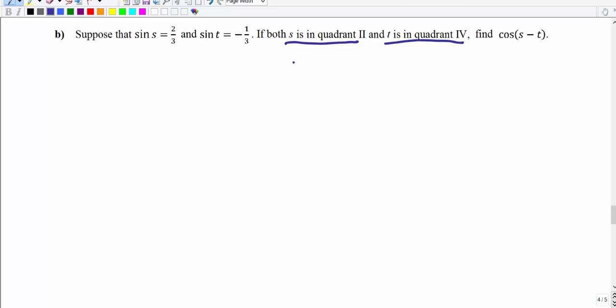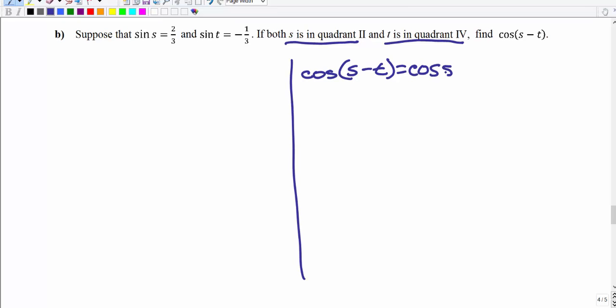So since we're asked to find the cosine of the difference of these two angles, we will use the difference identity for cosine. That would be cosine of S times cosine of T, and then the opposite sign, so plus sine of angle S times sine of angle T.